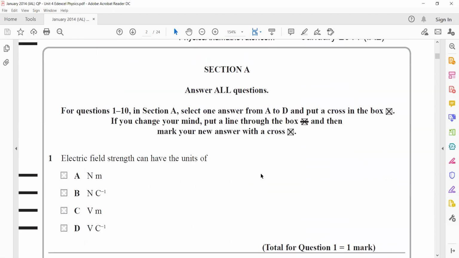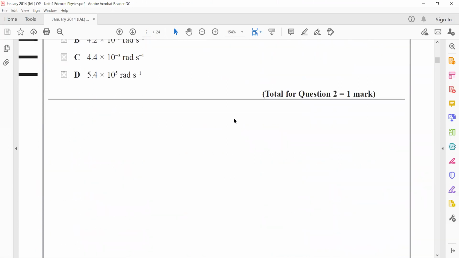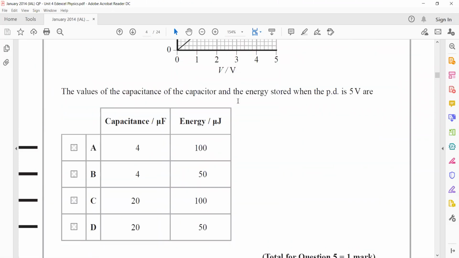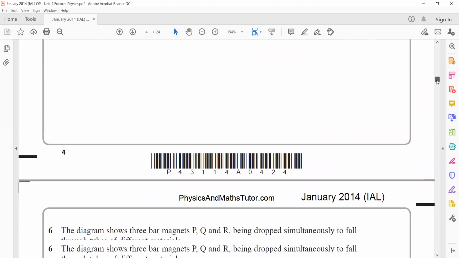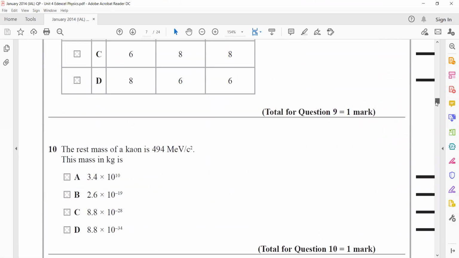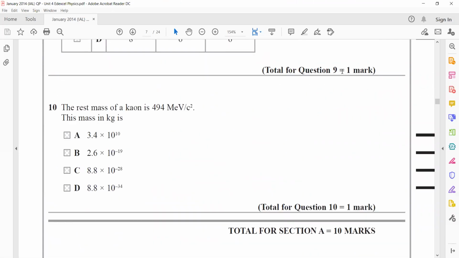So January 2014, and you can see here the rest mass of a kaon is given as 494.